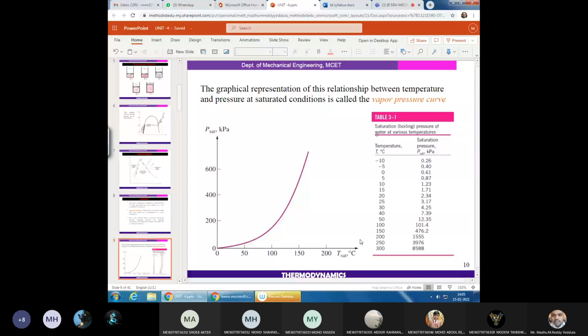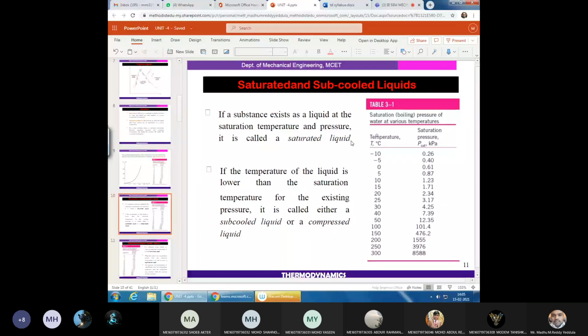Right. So if the substance exists as a liquid at the saturation temperature and pressure, it is called saturated liquid. If the temperature of liquid is lower than the saturation temperature for the given pressure, it is called subcooled or compressed liquid.